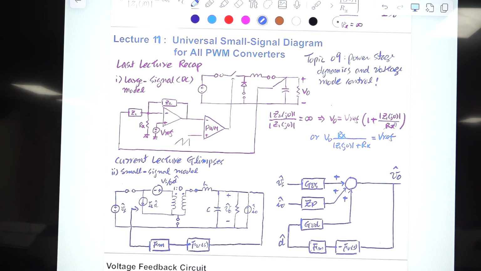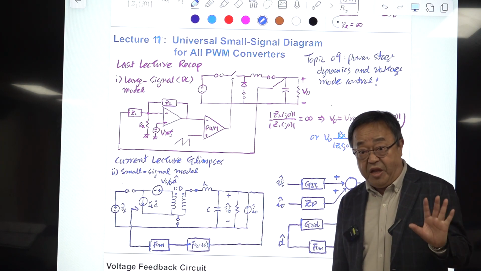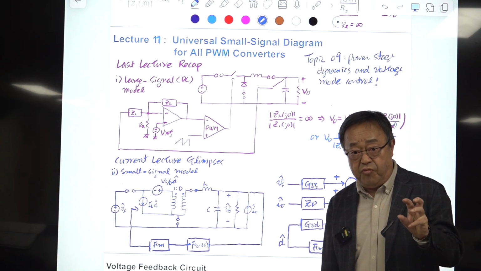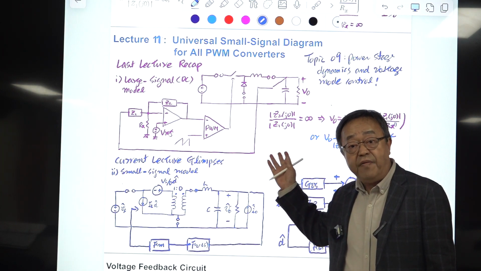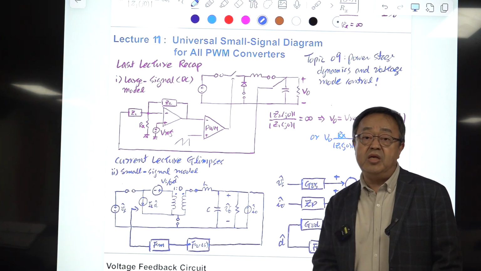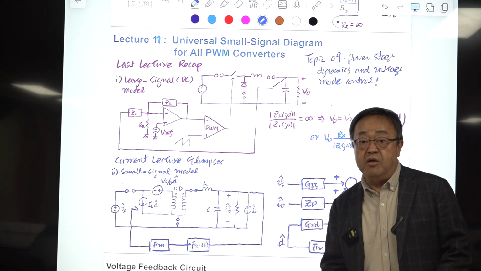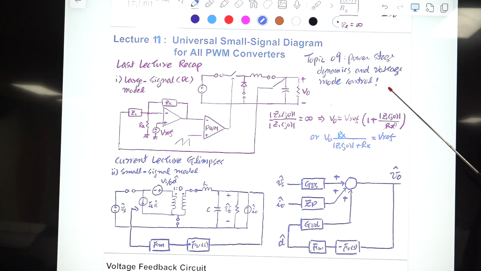So we need to investigate the origin of that phenomenon. The RHP zero phenomenon will be elaborated in this part, power stage dynamics. And after that, we'll discuss the voltage mode control of all the PWM converters. Maybe this topic will consist of about 10 lectures, something like that.